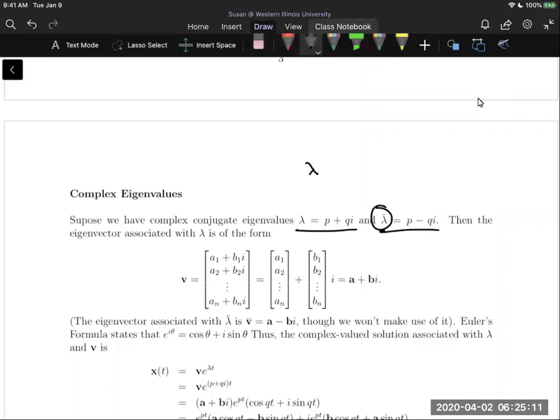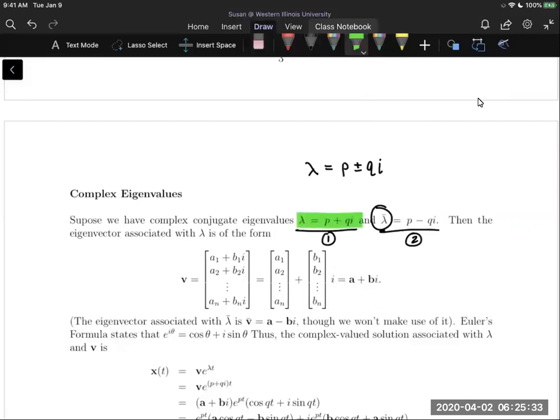So you're going to end up getting lambda values as p plus/minus qi. They're always a complex conjugate pair. I've just separated them here into the first and the second, where one is positive and one is negative.